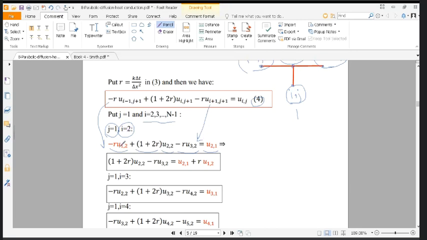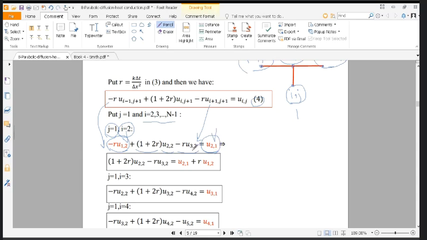The red term is the boundary condition, and we have the value of u. u1 and 2 is the boundary condition, and the value of this point is known. u2 and 1 is the value of u at the old time level, and again the value of this u is known.